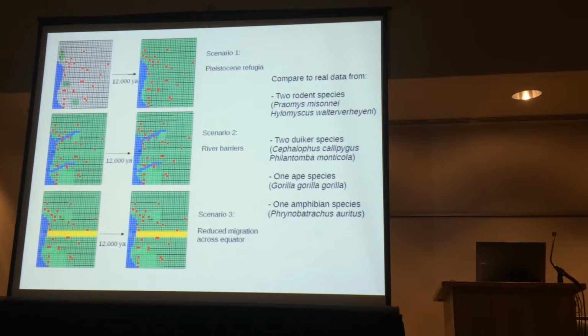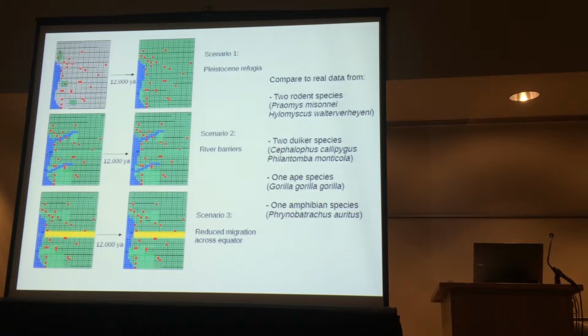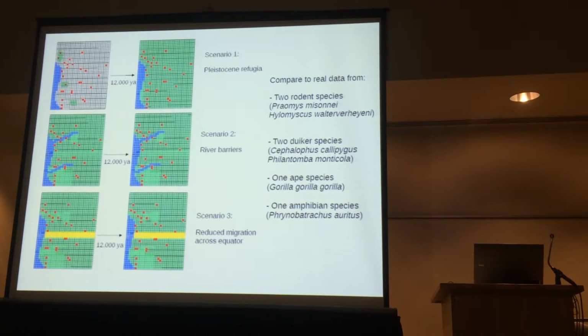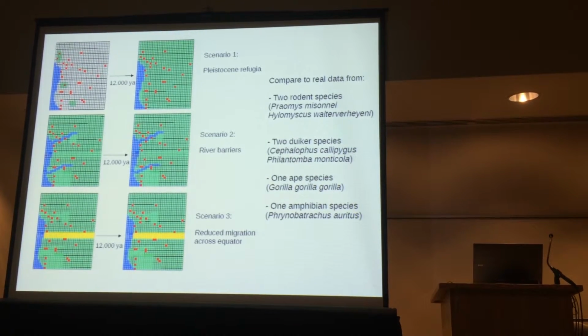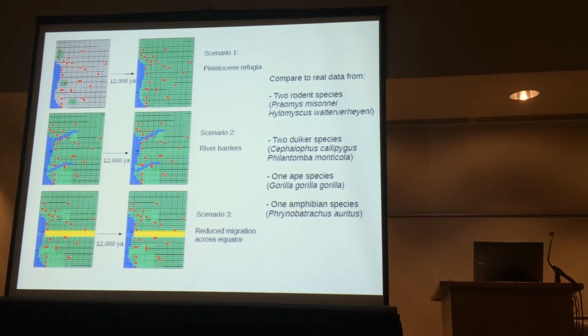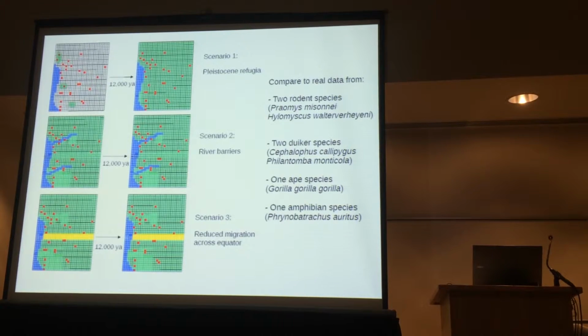In these diagrams, this shows the models that I'm testing. Central Africa has been divided into a number of cells. Where the cell is coloured green, that means it has a maximum effective population size, so it contains good habitat for the species. If it's coloured in blue, that means that it's water, so it has an effective population size of 0.